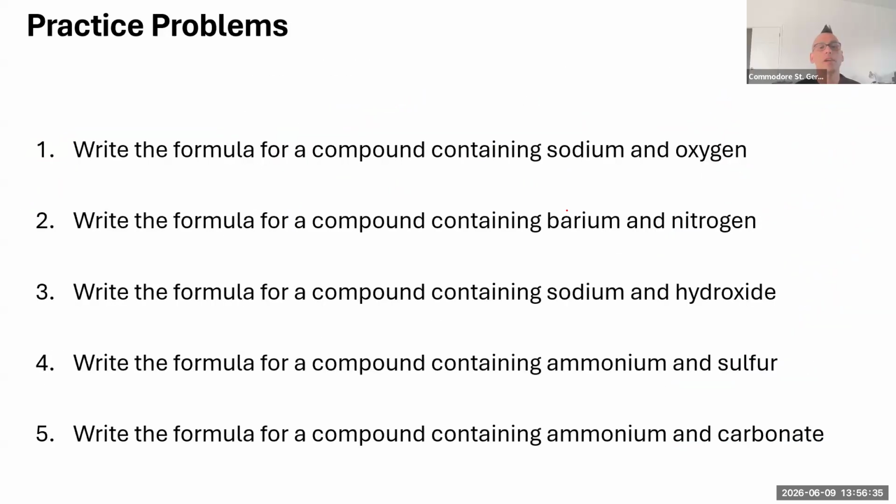So this is going to be the formula for calcium phosphate. All right, let's look at the formula for sodium and oxygen. So I'm going to write the charges here. This is 1 plus, O2 minus. So because we're trying to make a neutral compound, this has to be Na2O. We need 2 positive charges because that oxygen has 2 negative charges. All right, barium and nitrogen.